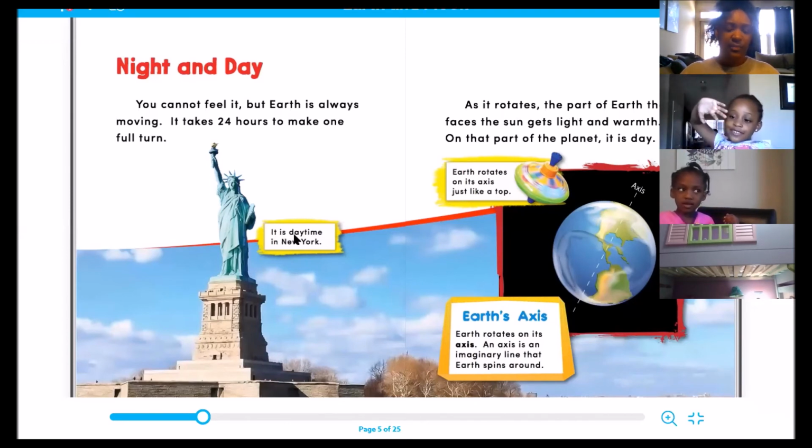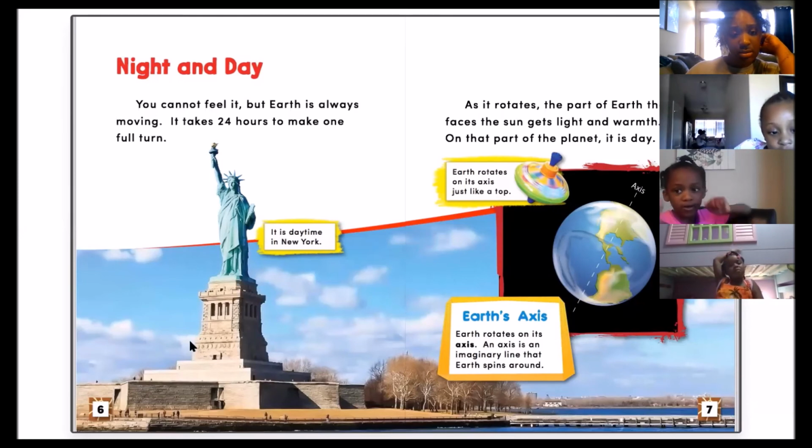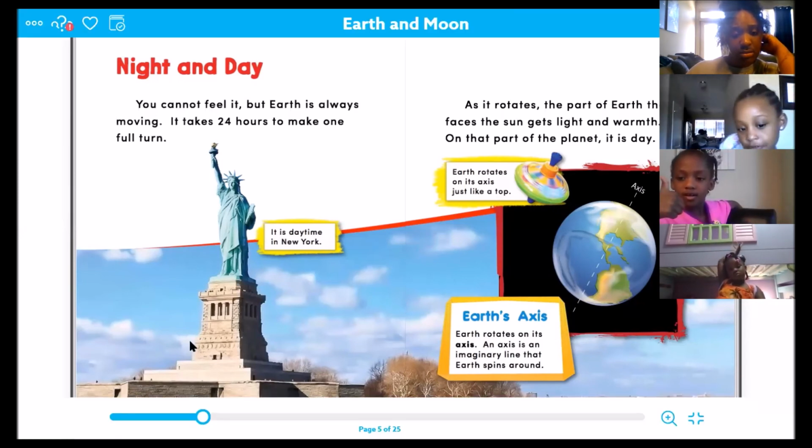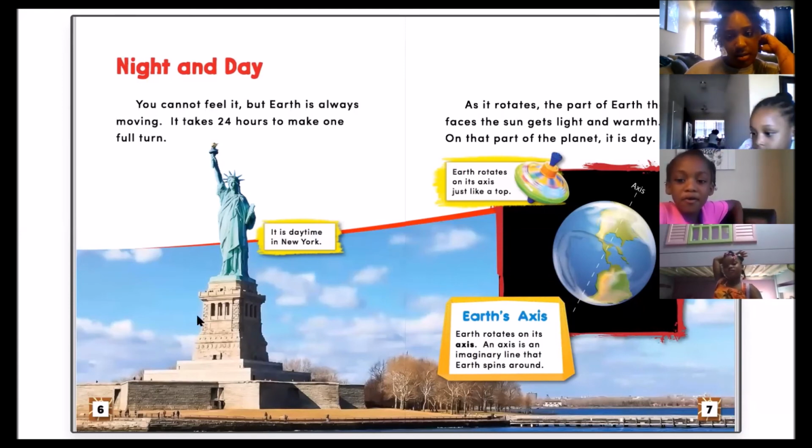Savannah? I see captions. You see captions? Daytime in New York, and I can see too. Okay. Olivia, what do you see? I see the Earth. Okay.